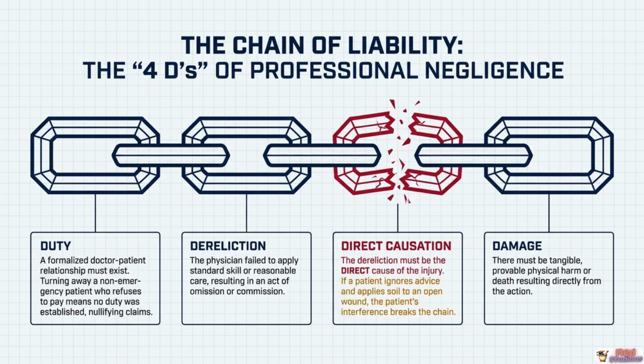If a patient ignores medical advice and applies a traditional remedy to a wound, causing infection and limb loss, the patient's own interference breaks the causal chain. The fourth link is damage. There must be tangible, demonstrable physical harm or death resulting directly from the dereliction. Emotional distress or inconvenience alone does not satisfy this element. All 4 links must be present and provable simultaneously.